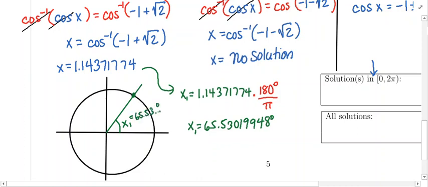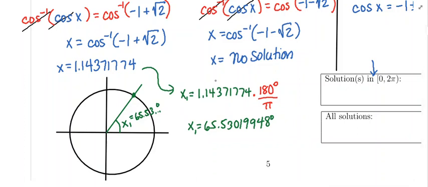For there to be a second solution, we are looking for an angle somewhere on the unit circle between 0 and 2 pi that has the same cosine. Cosine is the x-coordinate.